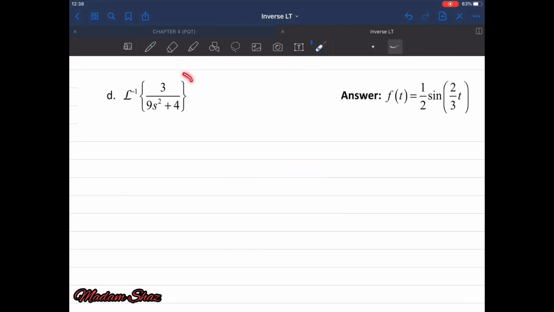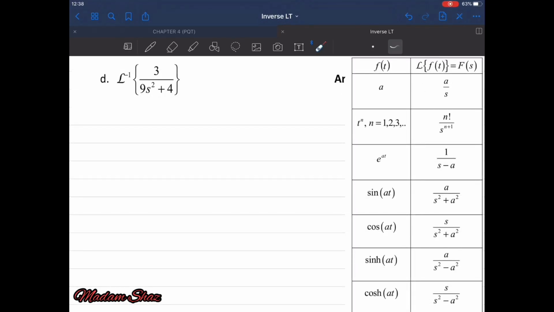For the next example, the Laplace inverse of 3 over 9s squared plus 4. Now you have a constant that is multiplied with the s squared. You have to refer to the table where you have s squared plus a number at the bottom side.